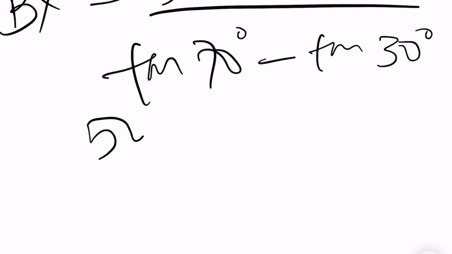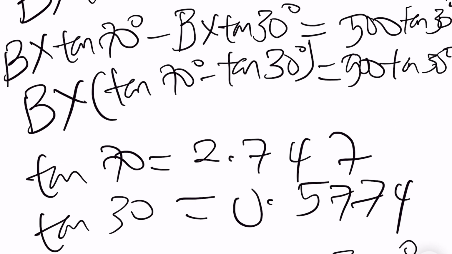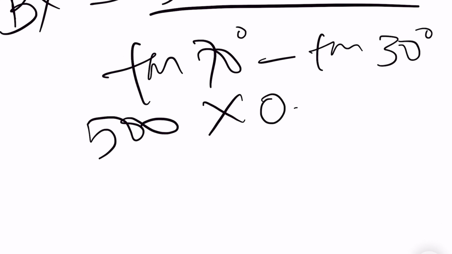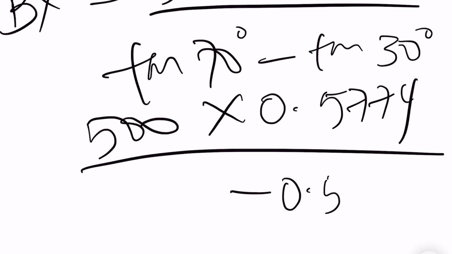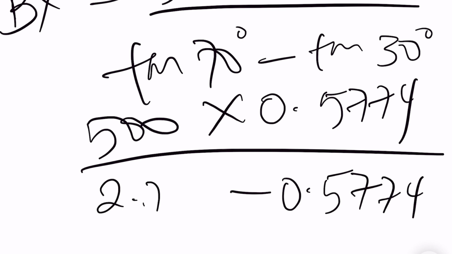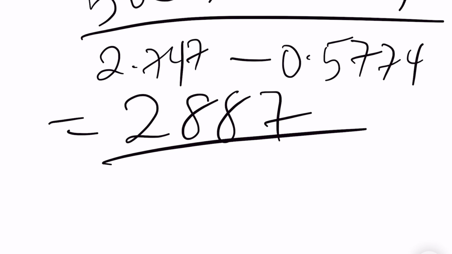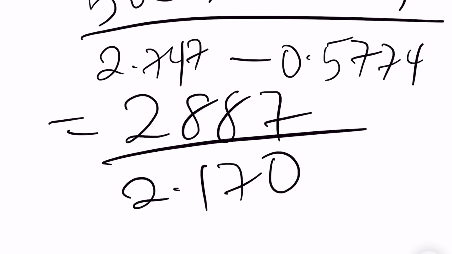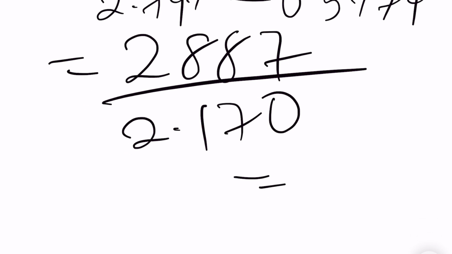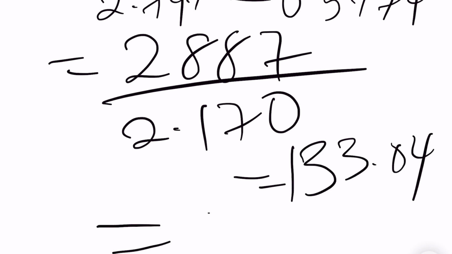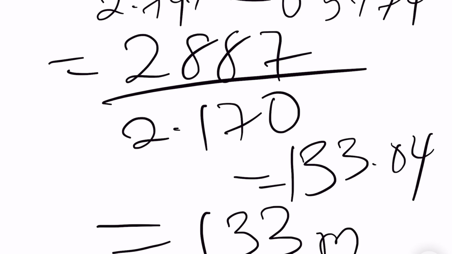So we have this to be 500 times 0.5774 over 2.747 minus 0.5774, which is 2.170. So when we multiply this, we have 288.7 over 2.170. And when we divide this, we have 133.04, which gives us 133 meters.